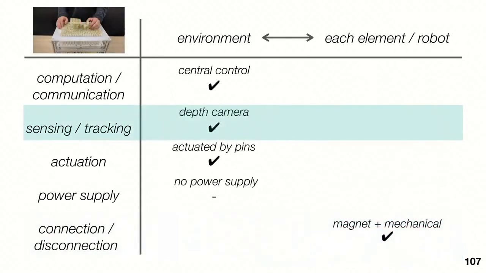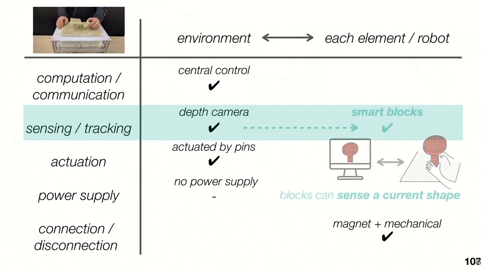And for this one, most of these blocks only have the capability to connect and disconnect. But what if we can embed a tiny sensor into each robot, so that each block can sense how the user is currently constructing a shape.